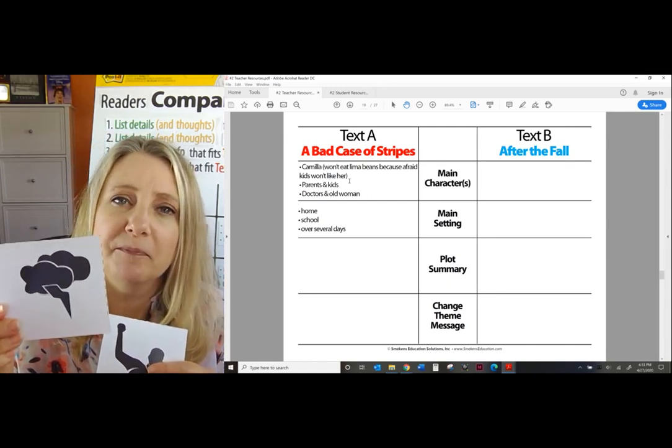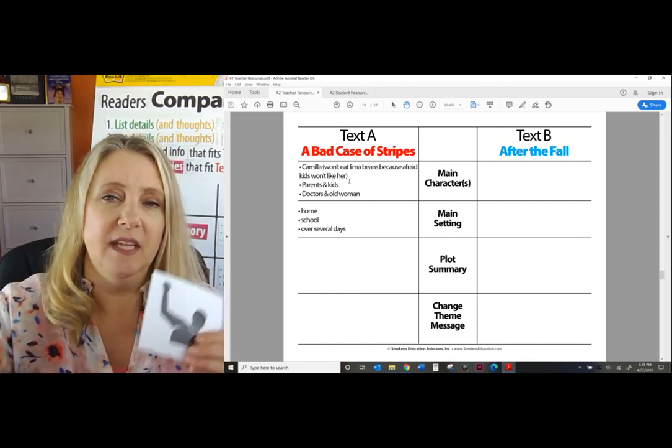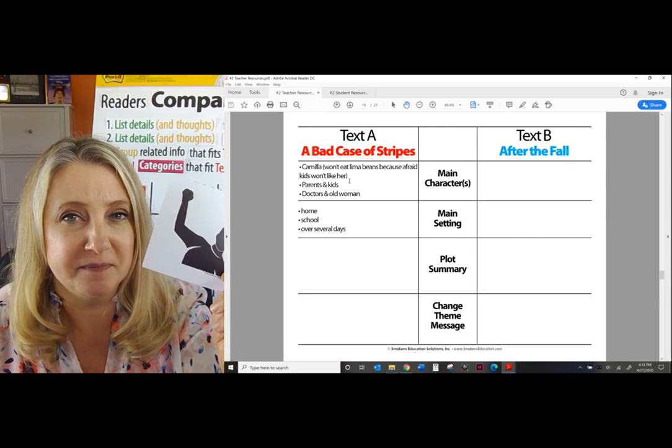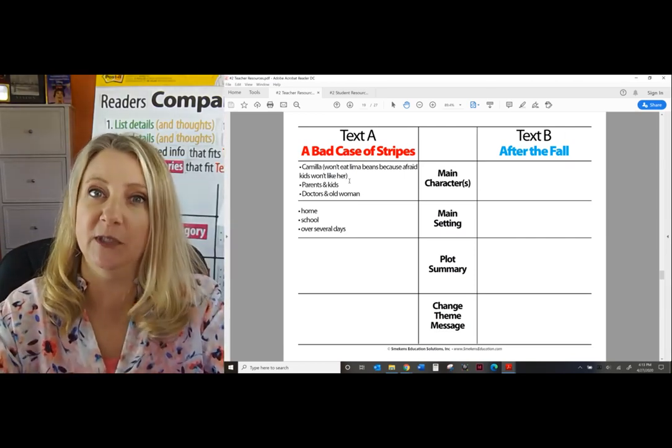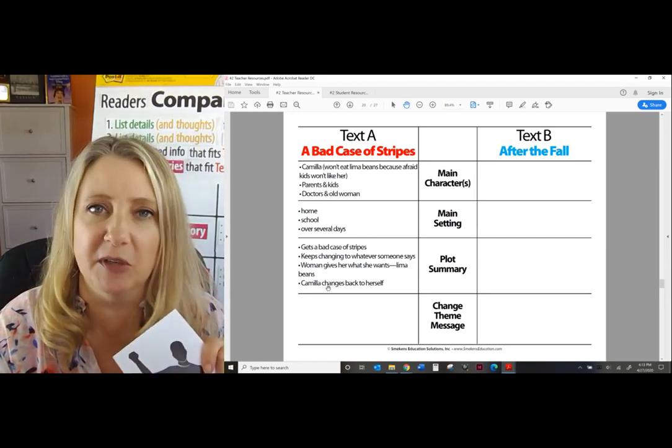Who tried to help her? Doctors, and the old woman. But what finally made her get back to normal? She ate those lima beans, which she really wanted. Okay, and this says something similar to that.